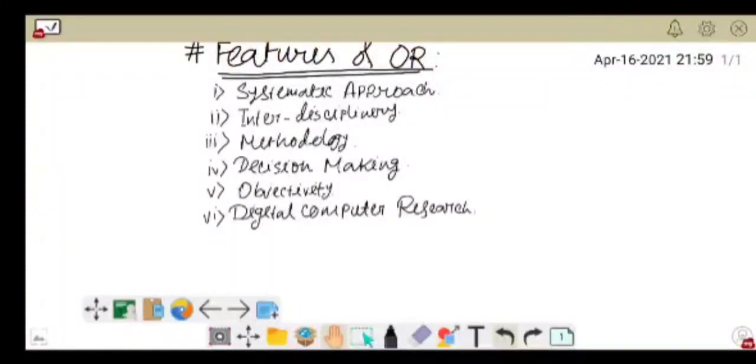Number three, this is a methodology. Obviously, when scientific research arrives, it happens through a particular method, because the research system goes through steps. All research systems in the world go through particular steps: step 1, step 2, step 3, step 4, and the final stage.